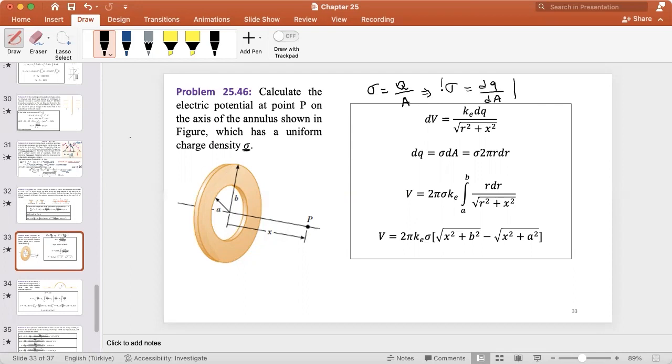How can I calculate the potential now? If I just take a ring like this, sorry, my drawing is really bad. Anyway, assume we have a ring. Do you remember?